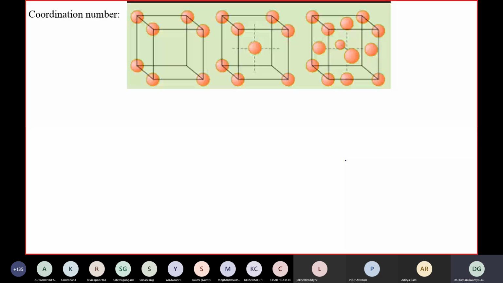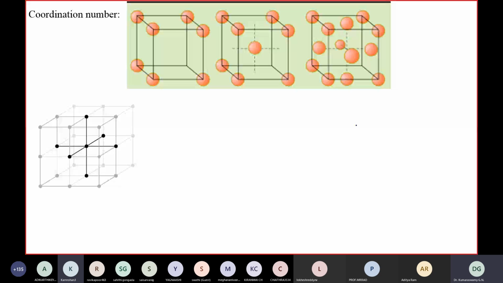That is called the coordination number. Here we will discuss this coordination number for cubic crystals. There are 3 variants of cubic crystal, or 3 Bravais lattices of cubic: simple cubic, body centered cubic, and face centered cubic.